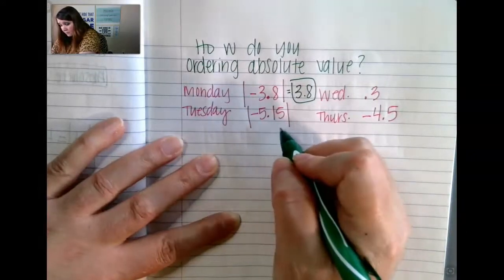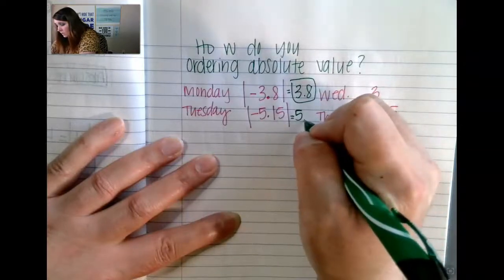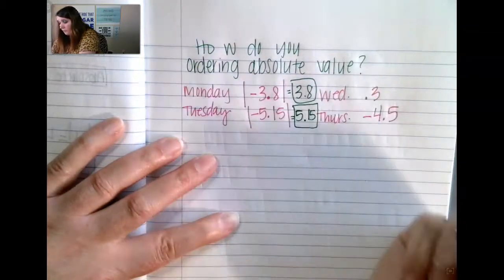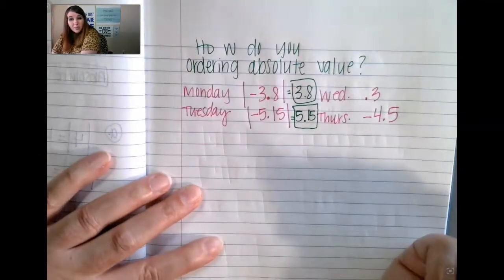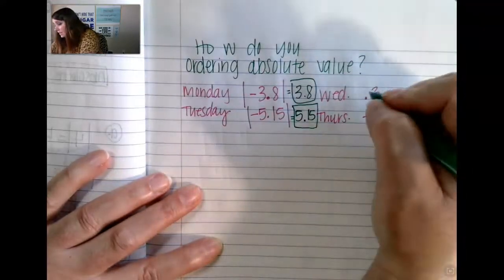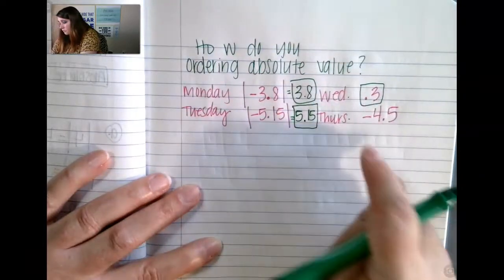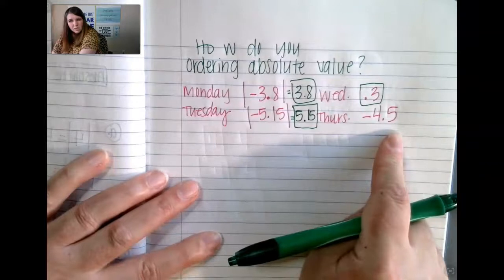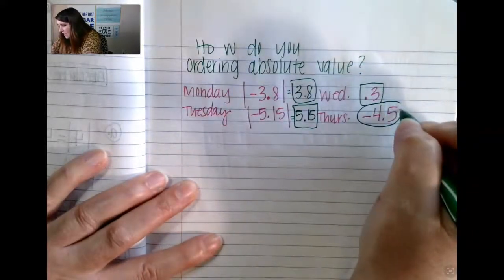Negative 5 and 15/100 is really 5 and 15/100 of a jump from 0. Like if the temperature was 0, that's how far away that is. This number is already in its regular form, and this one doesn't have any absolute value bars, so we're just going to leave this as is.